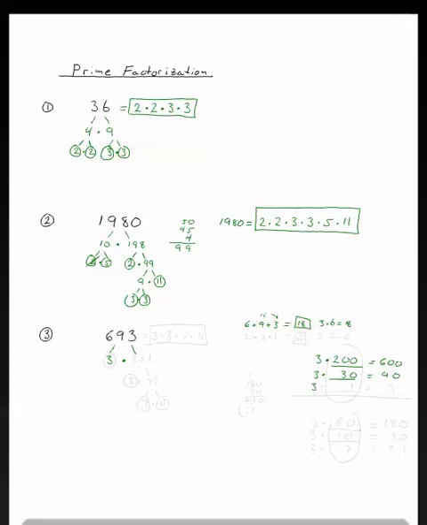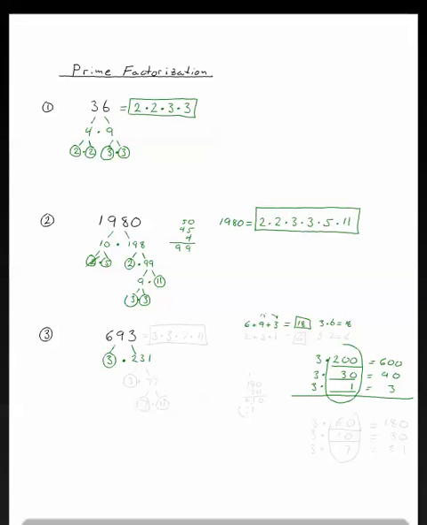Then 3 times something has to give me my 3, and that's 3 times 1. So if I add up all of my pieces, it's 200 plus 30 plus 1, or 231. Well, my 3 is prime.